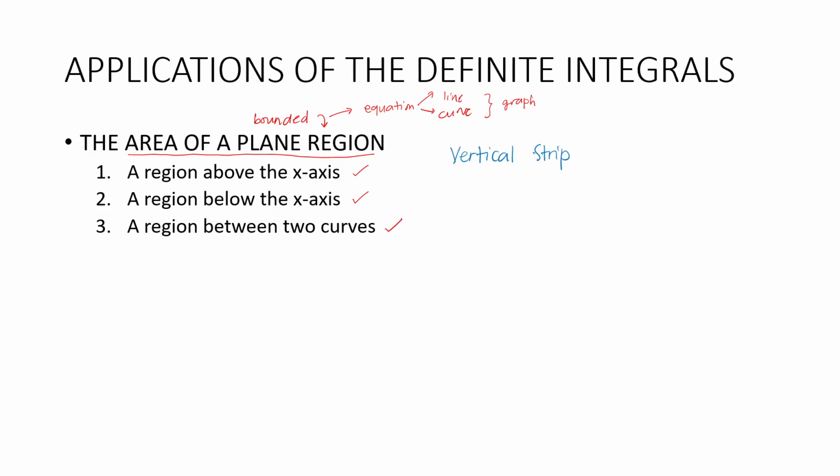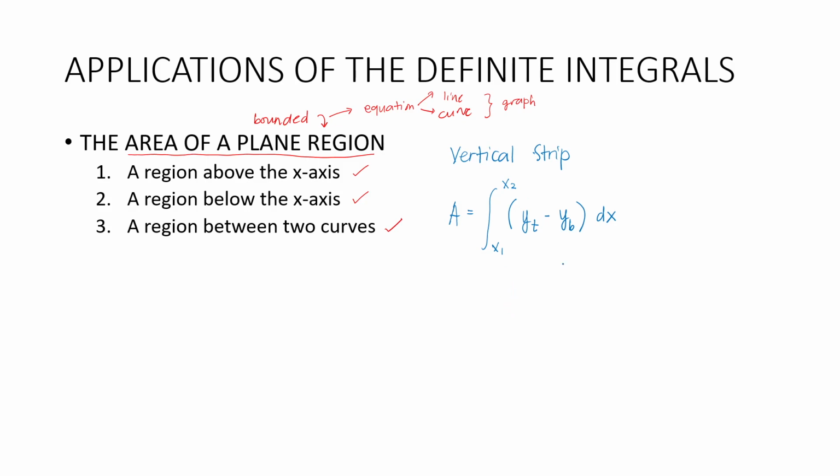And then the formula for which is: the area is equal to the integral of y top minus y bottom, dx, from x1 to x2. So why is it in this manner?